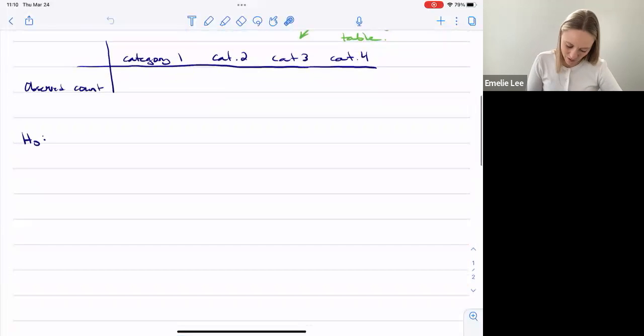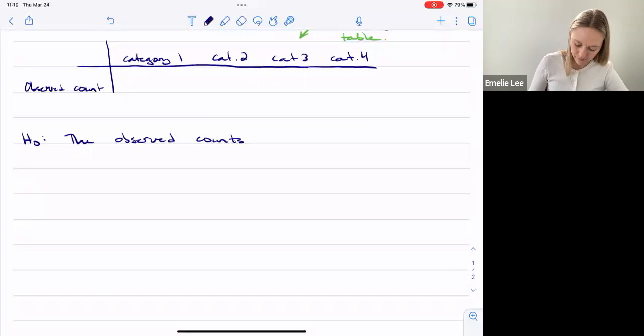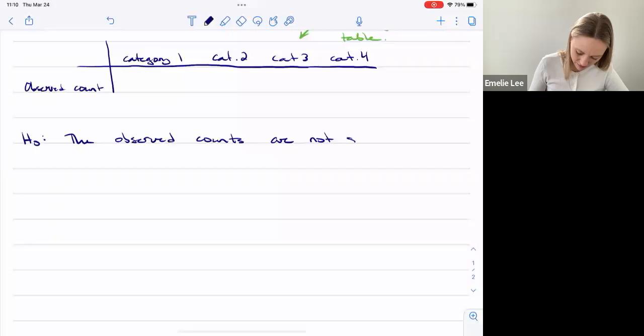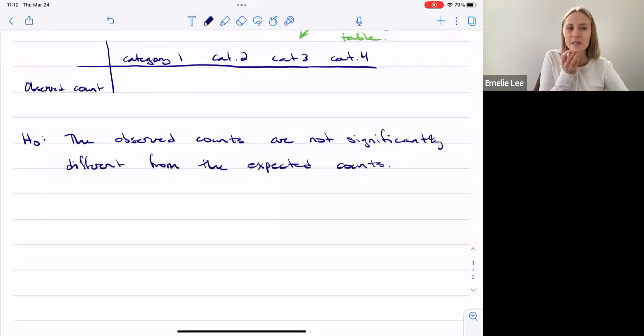All right. So the null hypothesis is that the observed counts are not significantly different from the expected counts. Right?